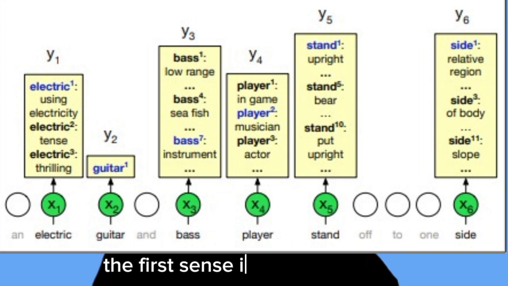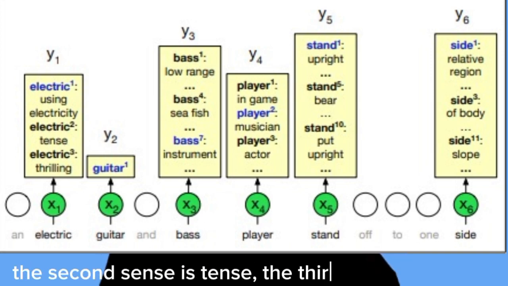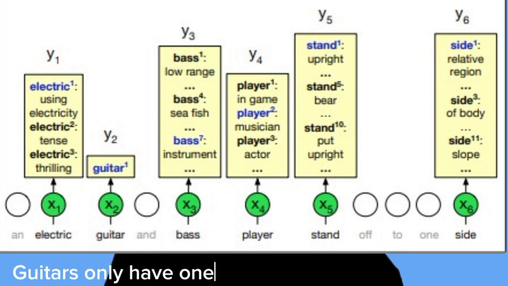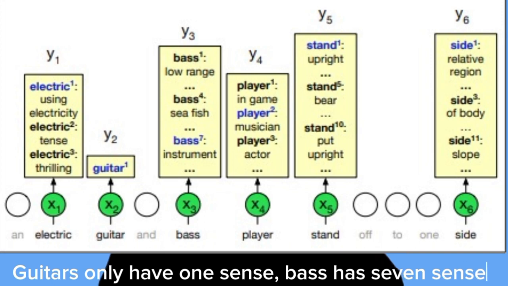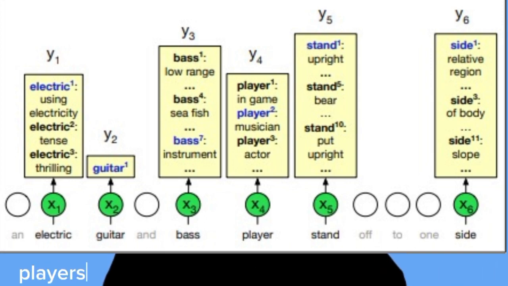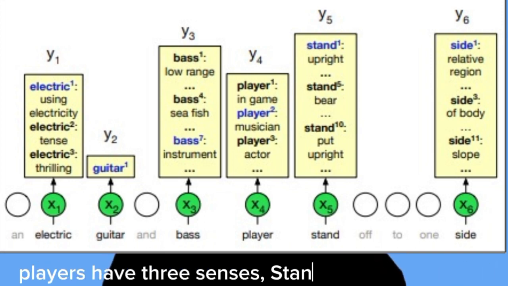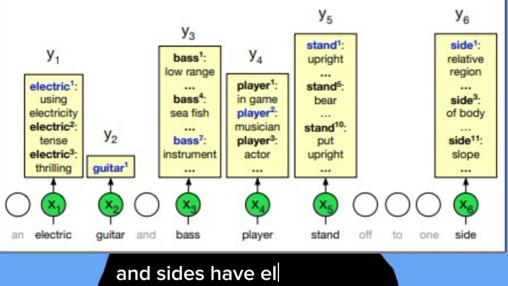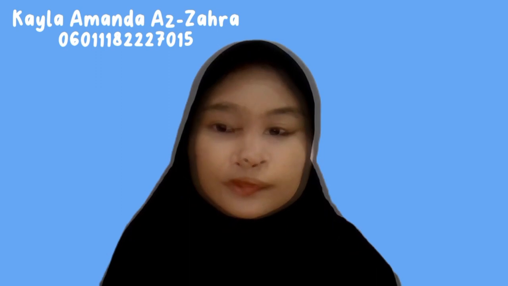The first sense is using electricity, the second sense is dance, the third sense is thrilling. Guitar only has one sense. Bass has 7 senses. Player has 3 senses. Stand has 10 senses, and side has 11 senses.